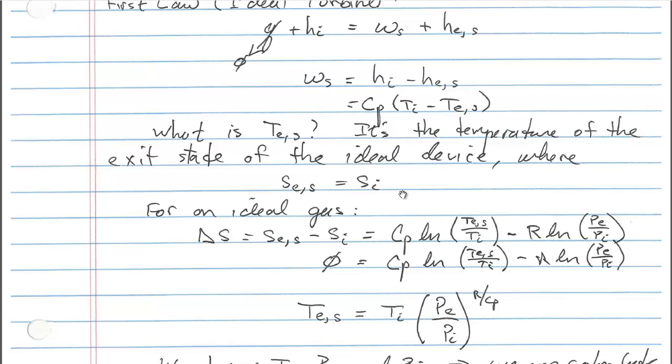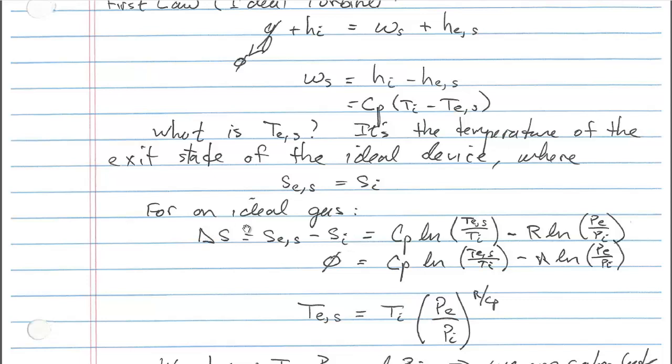Well, I have an equation to relate the change in entropy of my ideal gas to other properties. Remember that the change in entropy for an ideal gas, delta S, is equal to Se comma S minus Si, that's the change in entropy of my ideal gas through the turbine.